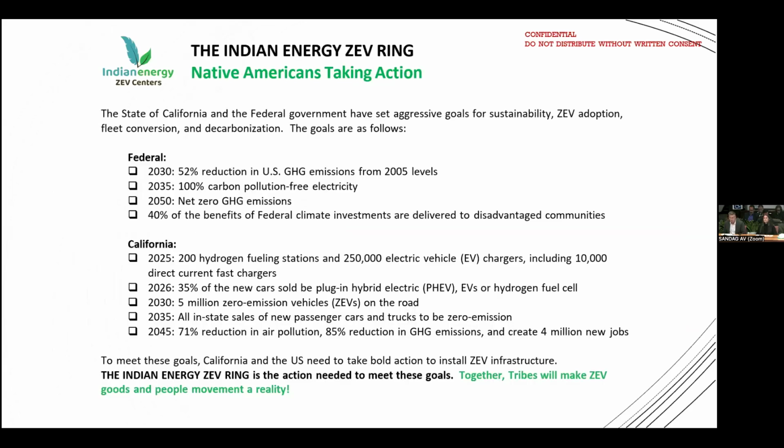Okay, I won't go into too much detail on this because I think everybody is brutally aware of how fast the clock is moving towards our committed dates through the federal government and the California government.